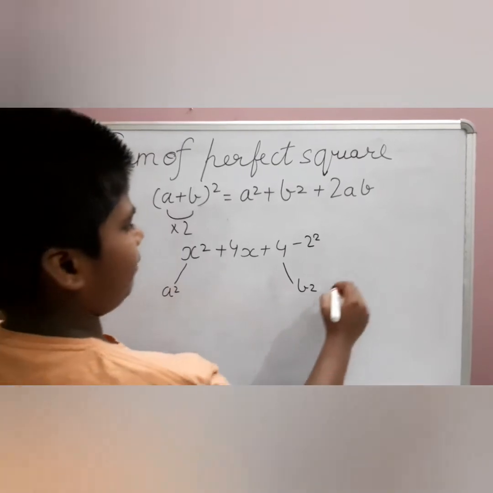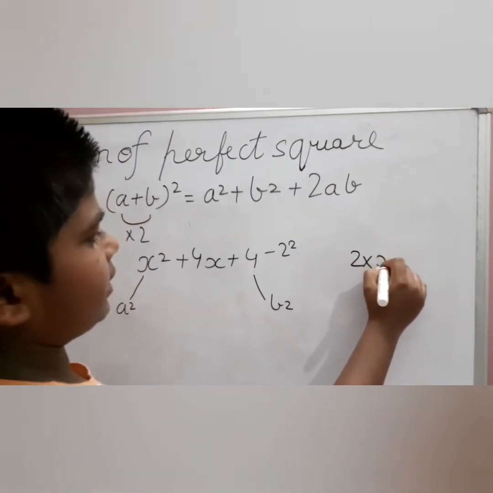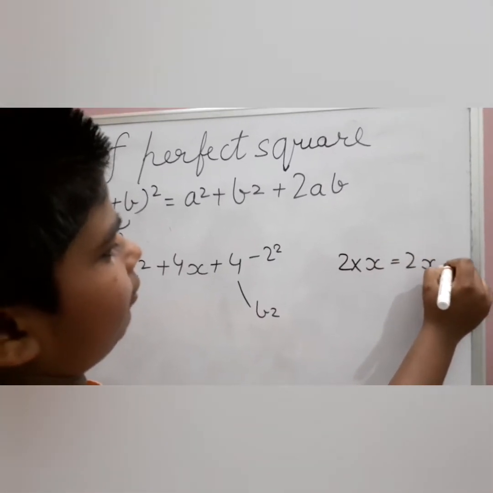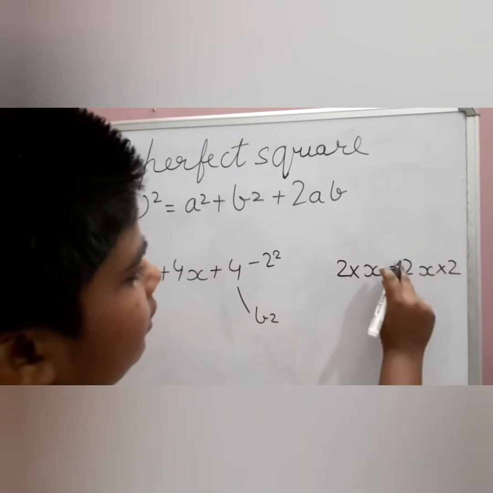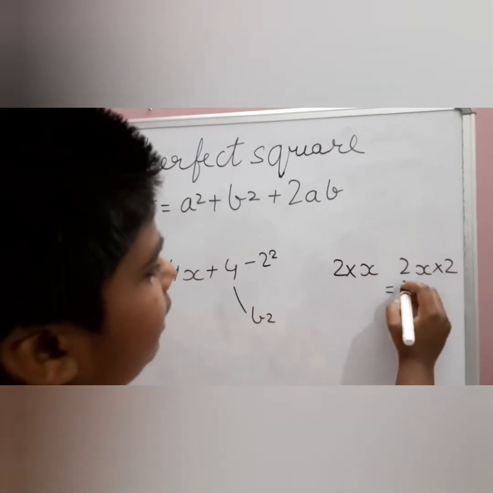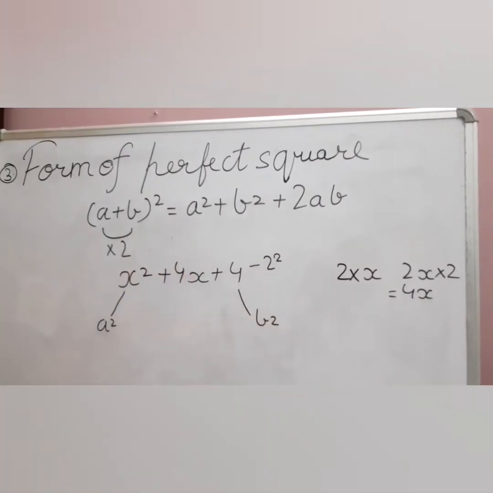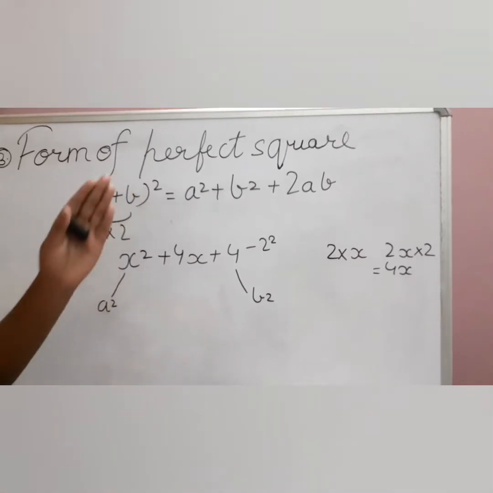So if we multiply 2 into x, we get 2x, and if we double it, then we'll get 4x. So 4x is also available. So we can say that it is the form of perfect square.